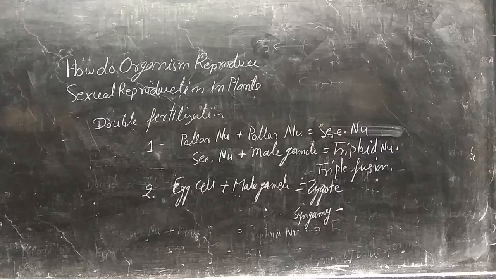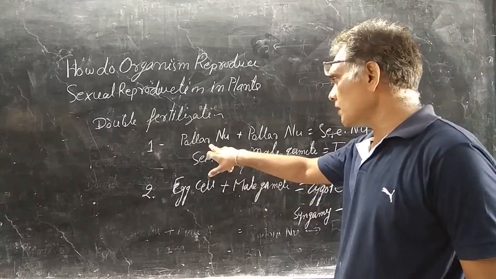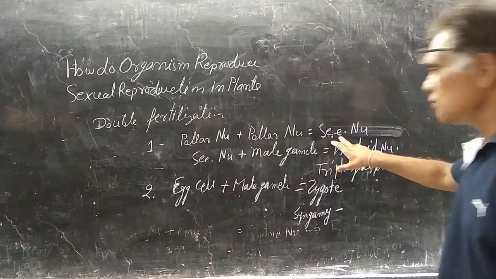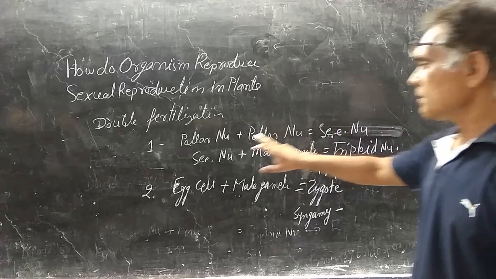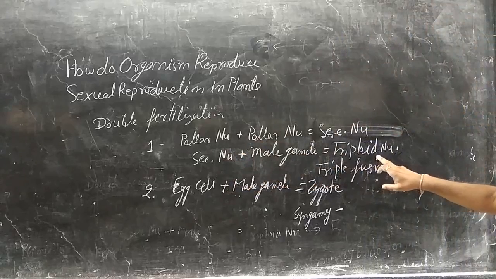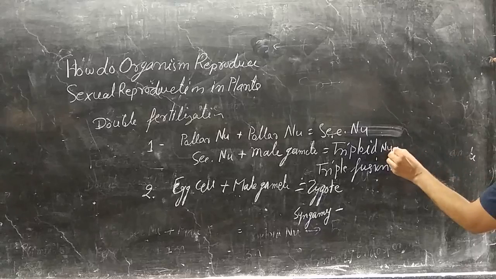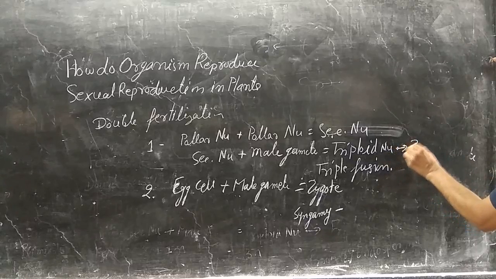In double fertilization, two polar nuclei fuse to form the secondary nucleus, and with the secondary nucleus one male gamete fuses to form a triploid nucleus. This process is known as triple fusion. After that, this triploid nucleus forms the primary endosperm.